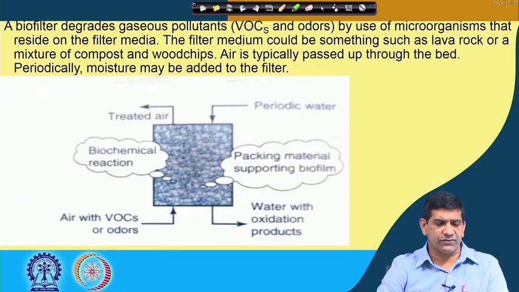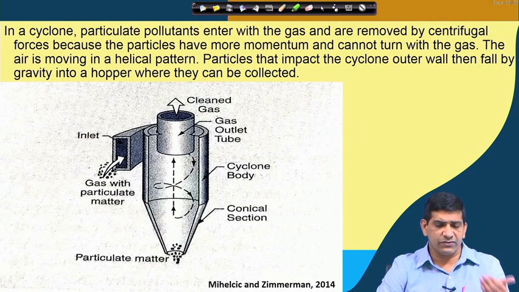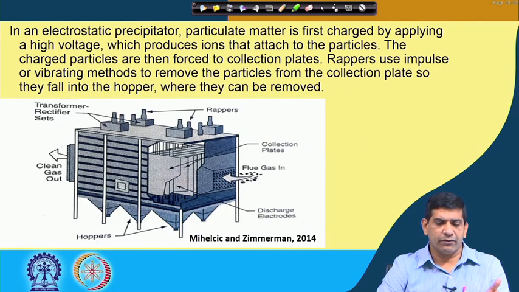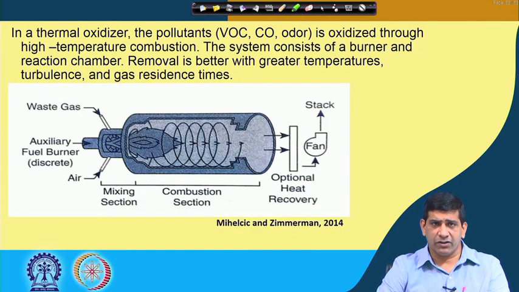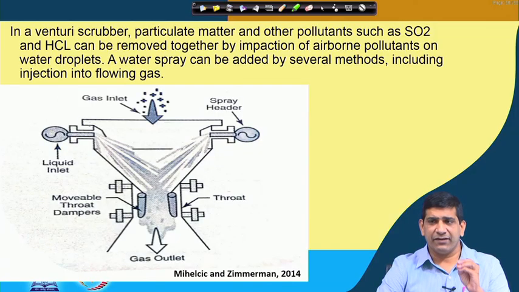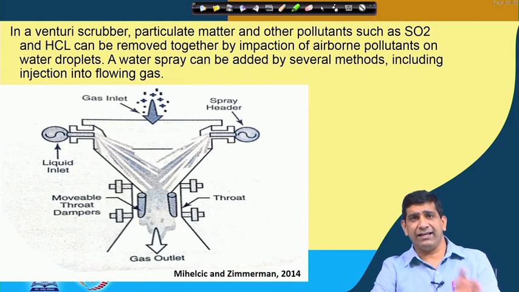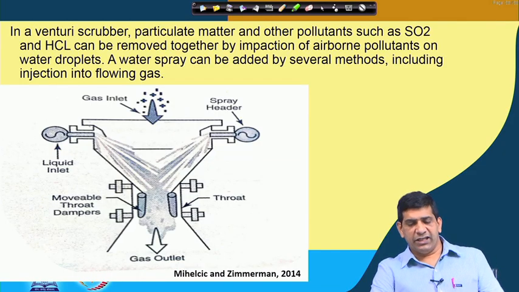Looking at the baghouse, biofilm is again very common. Biofilm, cyclone for particulate pollutants, and ESPs are very popular. It is not that others are not used, but whenever you visit a plant that has an air pollution system, you will find baghouses, ESPs and the like.